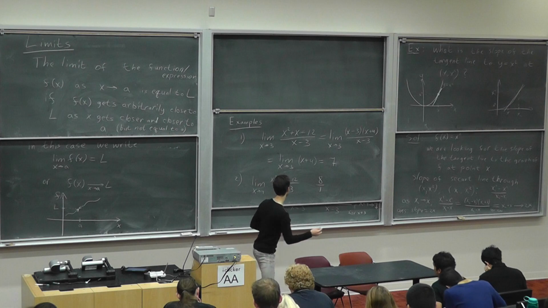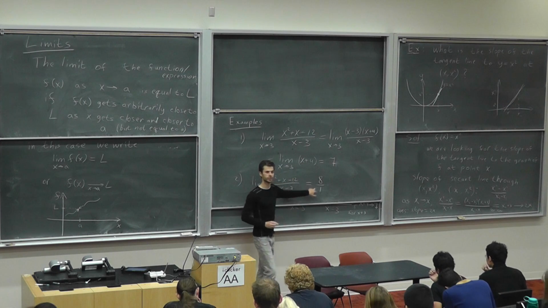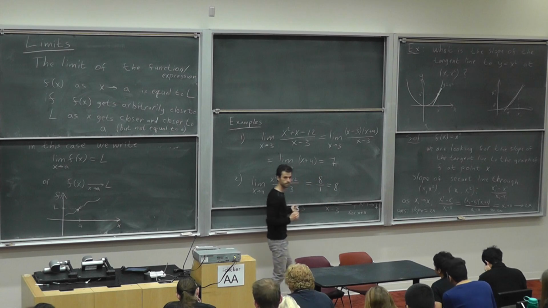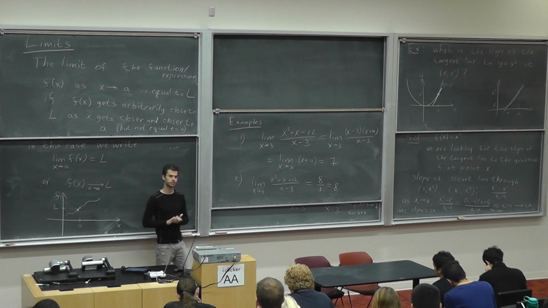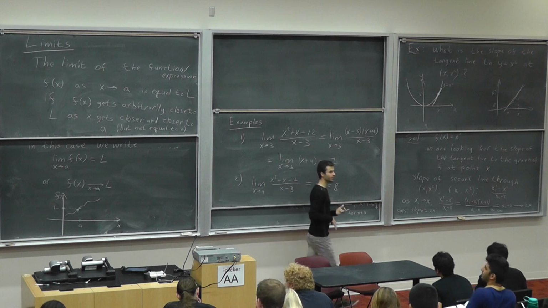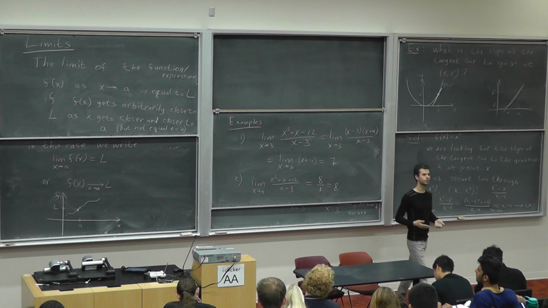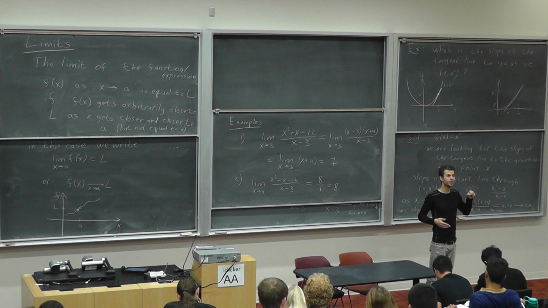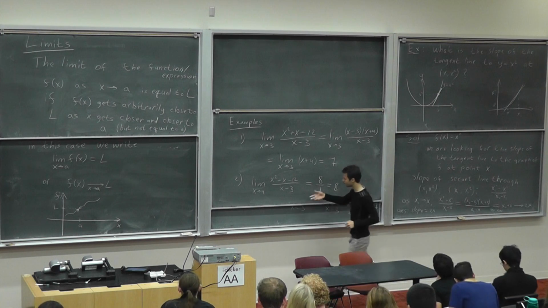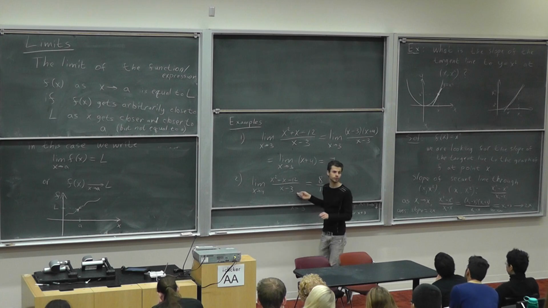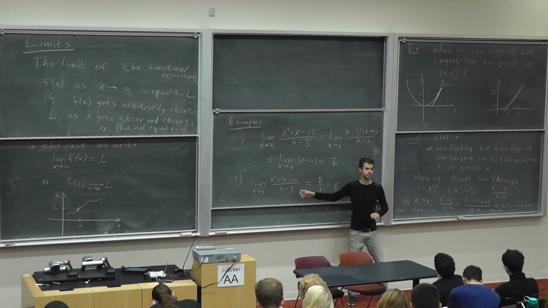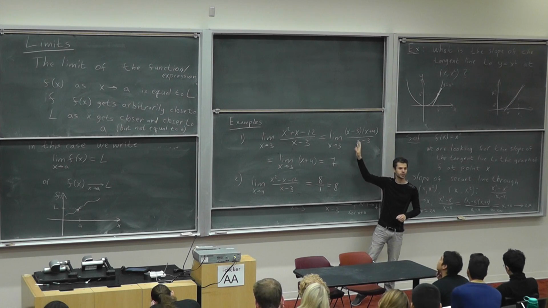So the quotient is just close to 8 over 1, which is 8. So in this example, we didn't have any problem with the behavior of the function near the point 4, or for the record, not even at the point 4. So for this function, we didn't have to do any complicated algebra.